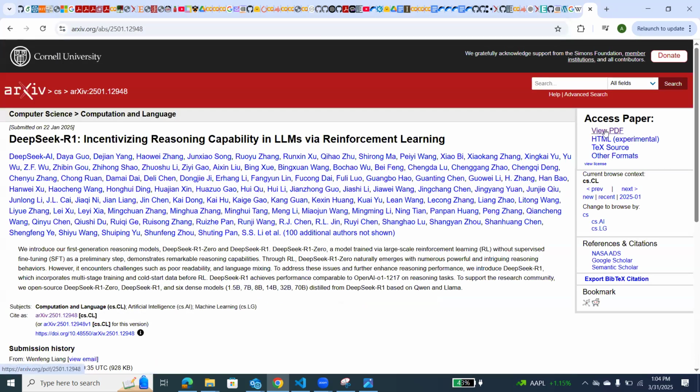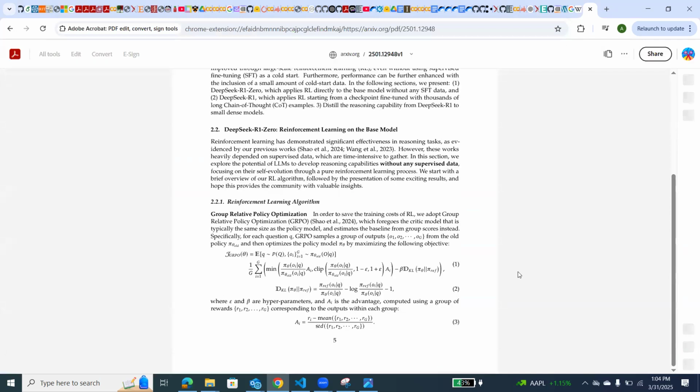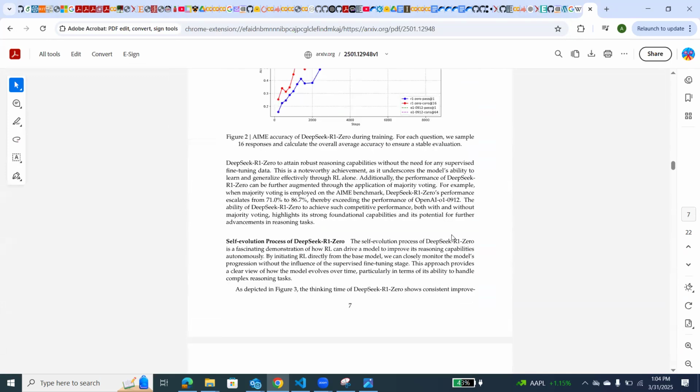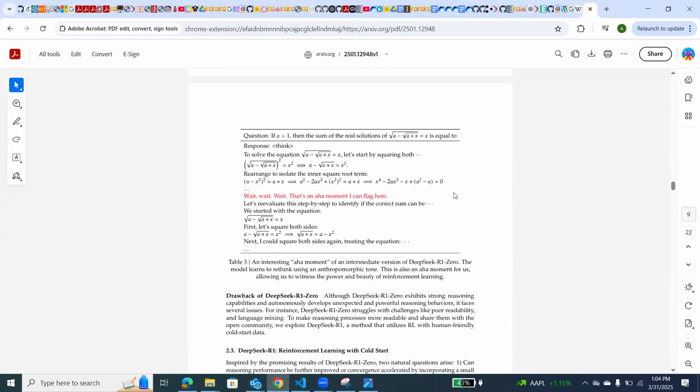Well, it's an example of a paper with multiple authors. So what made people interested in this model?